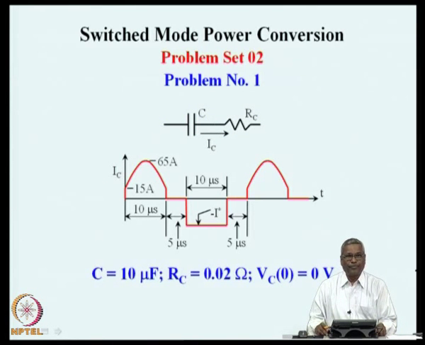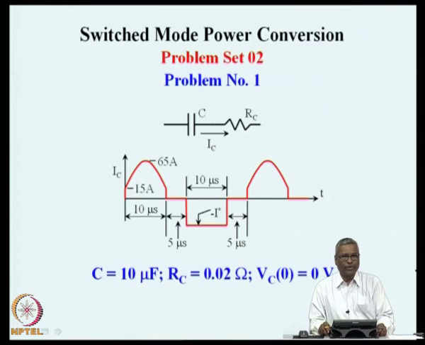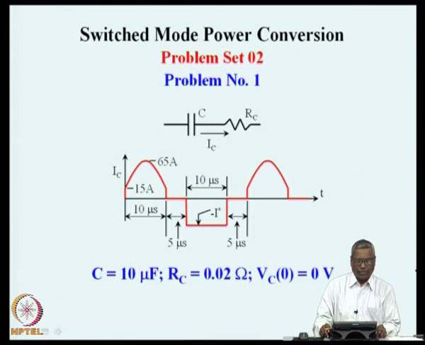For example, we had seen that for storing energy, we use capacitors or inductors in power converters, and many times these capacitors also have parasitic resistances.